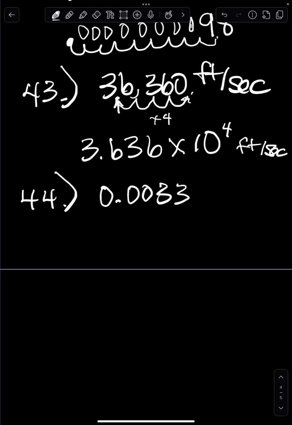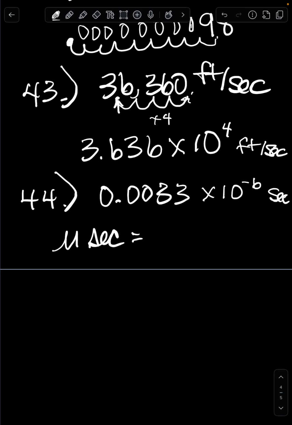Okay, so it says a microsecond is 1 times 10 to the -6 seconds. So we're going to take this original number that they have in microseconds, but they're saying a microsecond is 1 times 10 to the -6 seconds. So I'm just substituting like this symbol here.